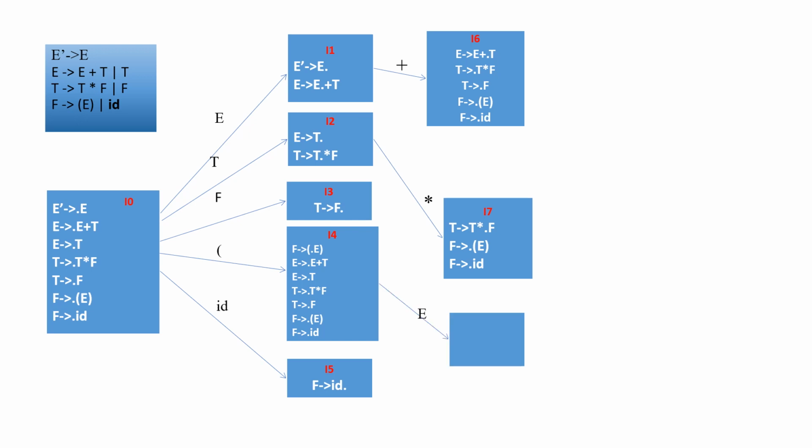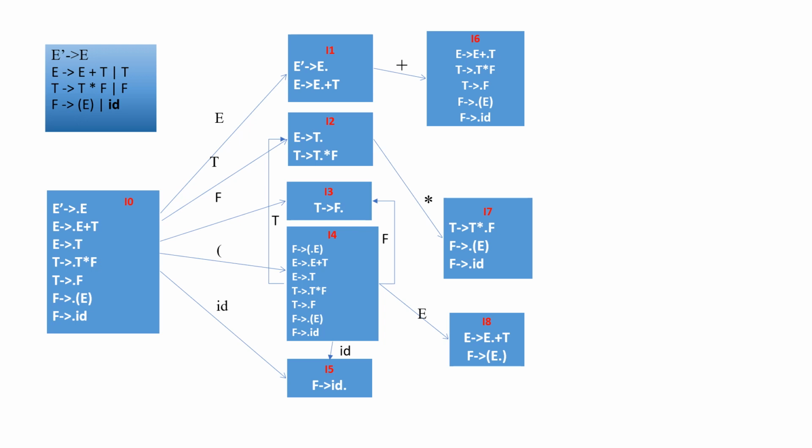Now let us find out the transition from I4. On seeing E, there are two transitions. Okay, E derives E dot plus T, and next one more, E derives E dot closing bracket. But look at this, not only for E, we have to find out similar transitions for T and F. So no changes, it doesn't produce a new state.